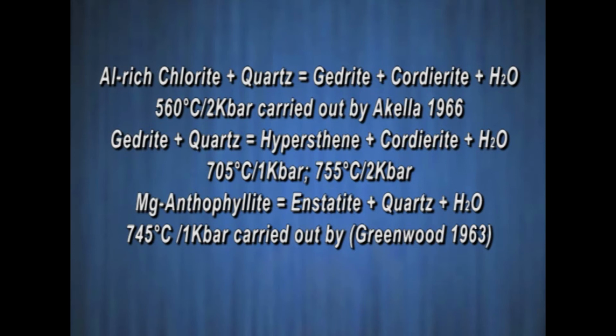Mg anthophyllite give rise to enstatite plus quartz plus water at 745 degrees centigrade 1 kilobar, carried out by Greenwood 1963. Thus, absence of almandine and kyanite in low pressure environment of metamorphism suggests less than 4 kilobar pressure during metamorphism of hornblende hornfels facies, and temperature varies from 500 to 550 to 700, 750 degrees centigrade.